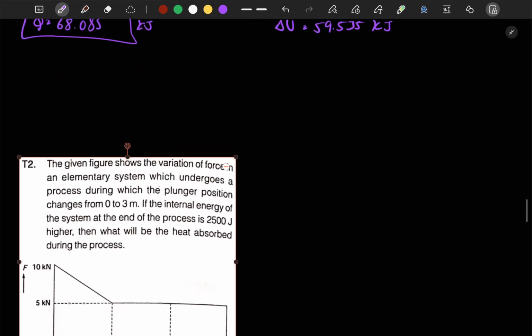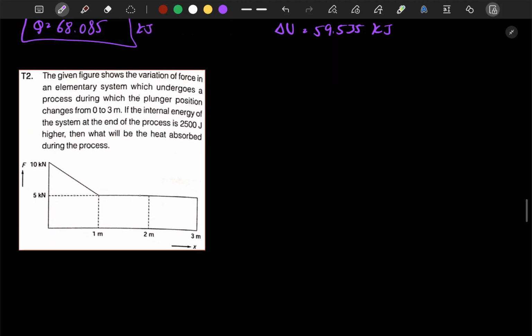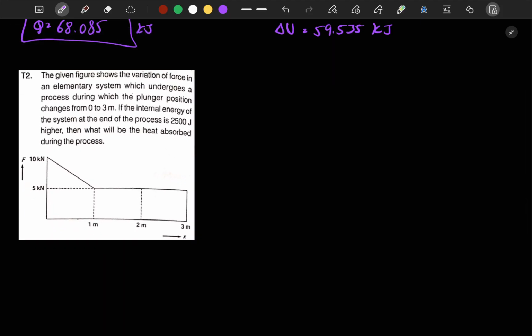This is the next question. It is given that the figure shows the variation of force in an elementary system which undergoes a process during which the plunger position changes from 0 meter to 3 meter.